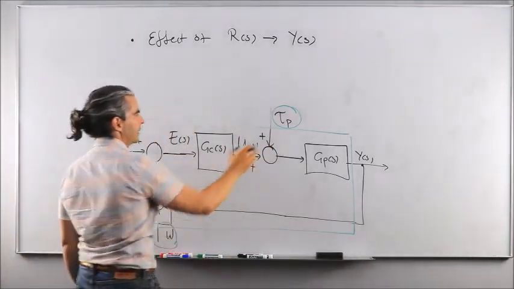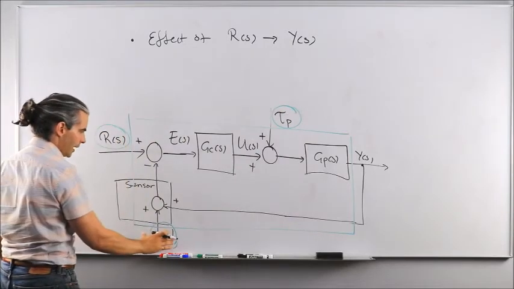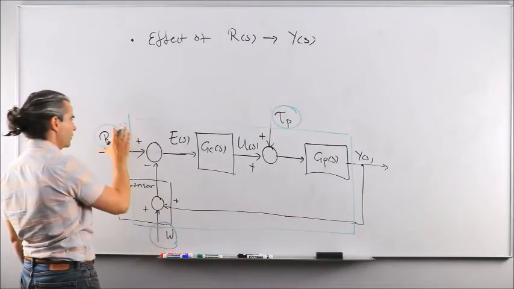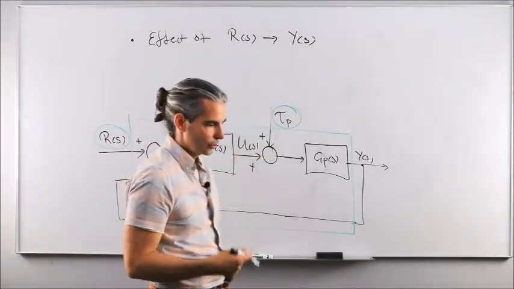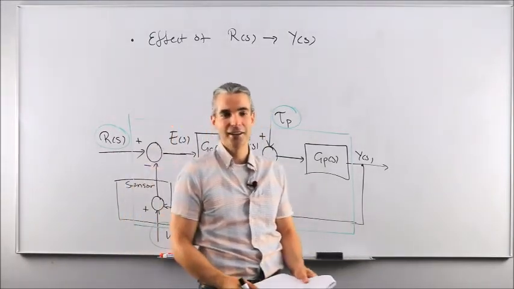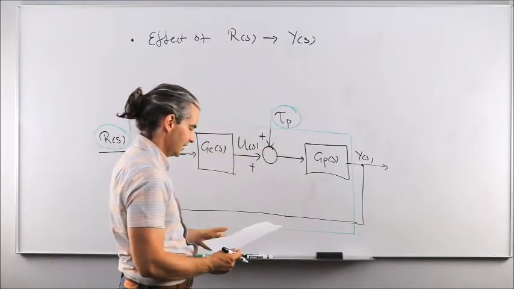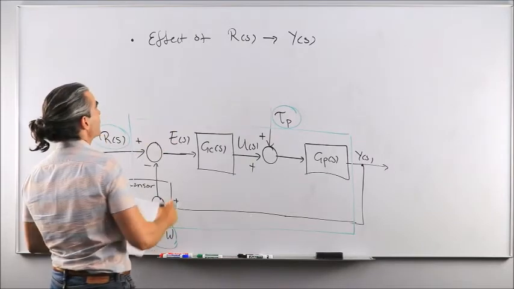And then to analyze the effect of perturbations, we'll have to turn off the reference signal and the noise. And finally, to analyze the effect of the noise, we'll have to turn off those two other inputs. This is the superposition principle, that works because we are dealing with linear systems. Okay. So that's what we want to do.